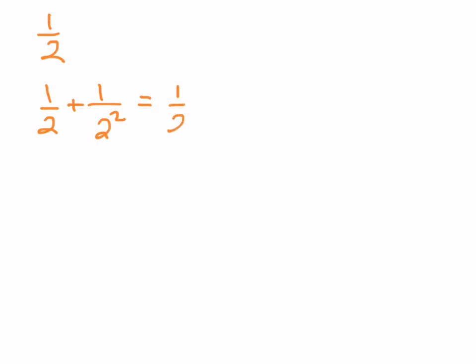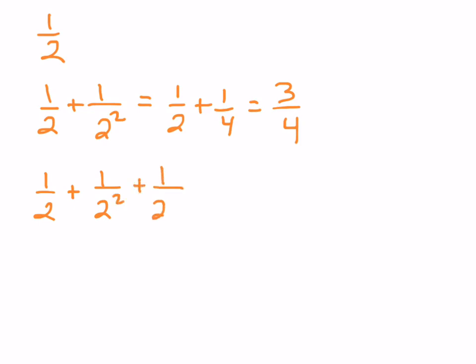Well that's 1/2 plus 1/4, which is 3/4. And then let's look at the next one. What about 1/2 plus 1 over 2 squared plus 1 over 2 cubed? So that's 1/2 plus 1/4 plus 1/8, and that turns out to be 7/8.